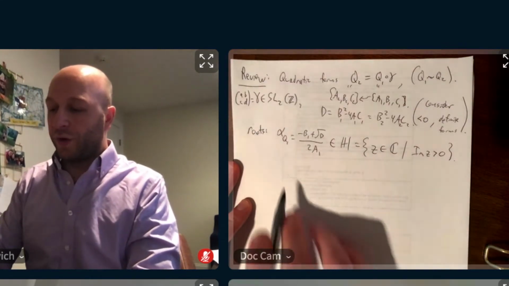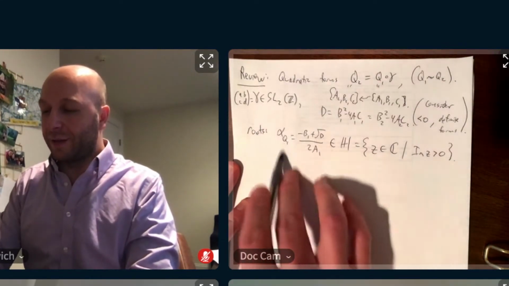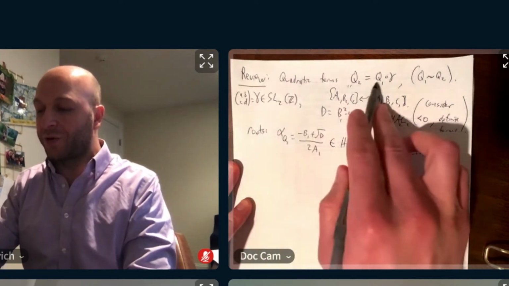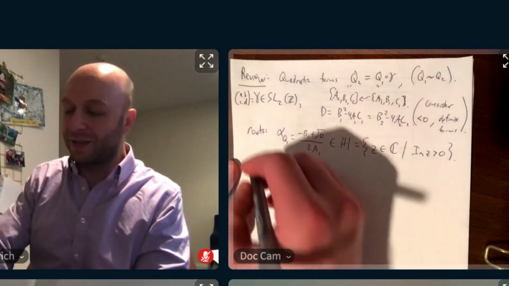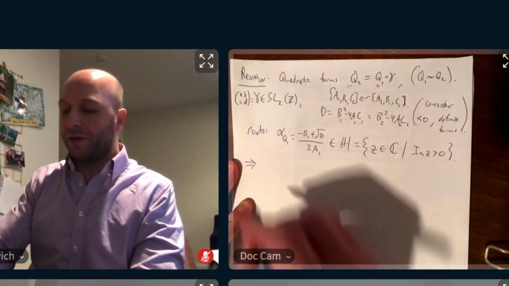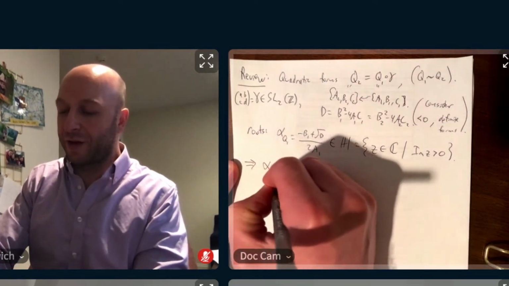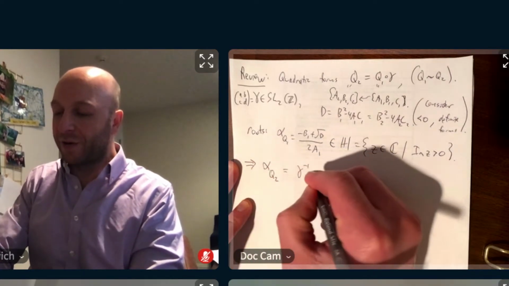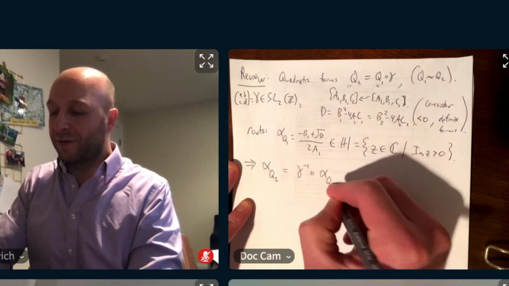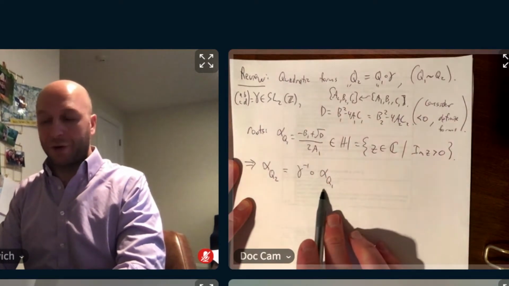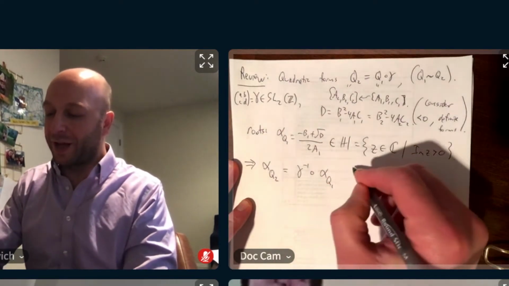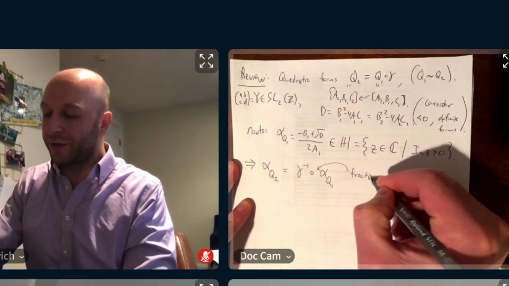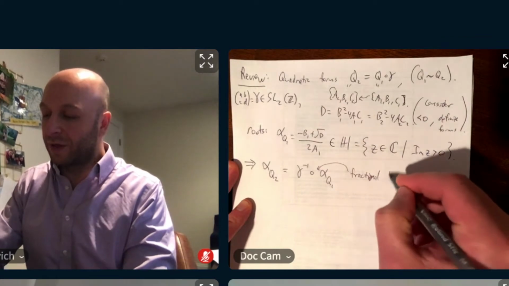And we learned that the action of gamma of SL2Z on quadratic forms mimics that. We showed that the quadratic form Q2 has root which is equal to gamma inverse acting on the first quadratic form's root, where this action is by fractional linear transformations.